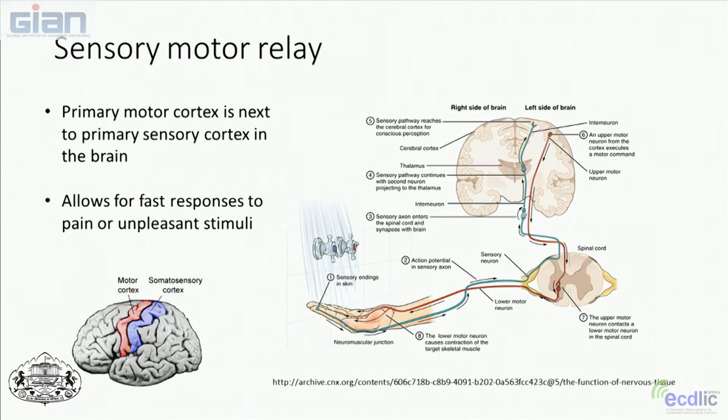The water might be too hot, so instead of leaving your hand there to get burned, you get an immediate sensory signal that goes up to the sensory cortex, and then your motor cortex acts and says, pull your hand away. So it allows for very fast responses to pain or unpleasant stimuli.